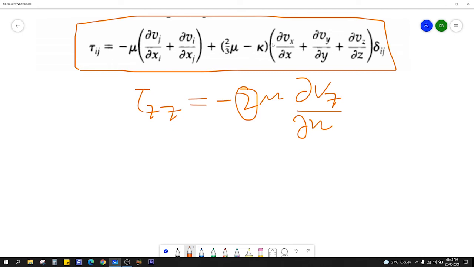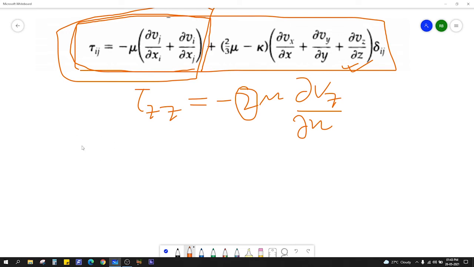Generally you have to take this part only. You can ignore this part. You only consider this part in general for all the problems we're going to discuss in this course. Okay, fine. So this is the formula.